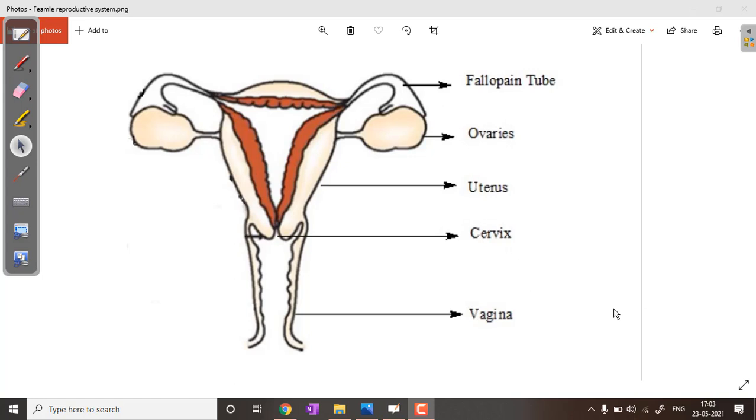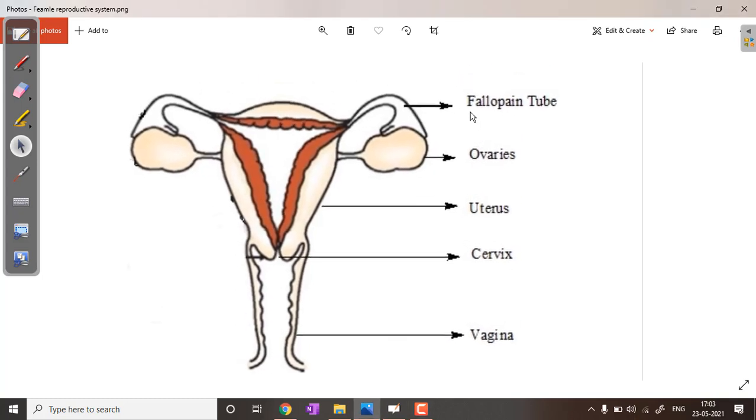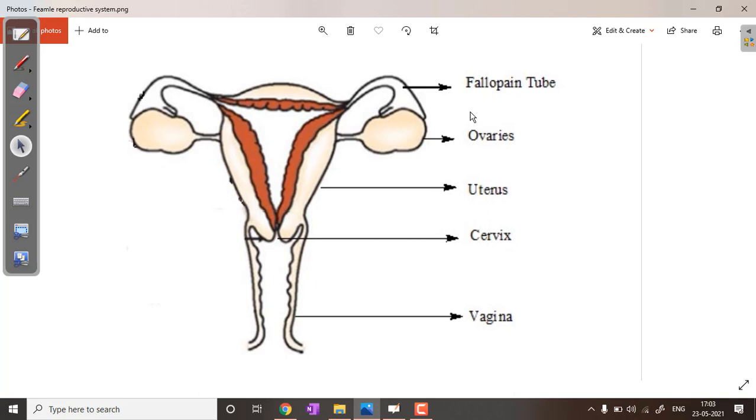It is said that the female reproductive system consists of a pair of ovaries. Please remember, it is a pair of ovaries: two ovaries, one to the right, the other to the left.